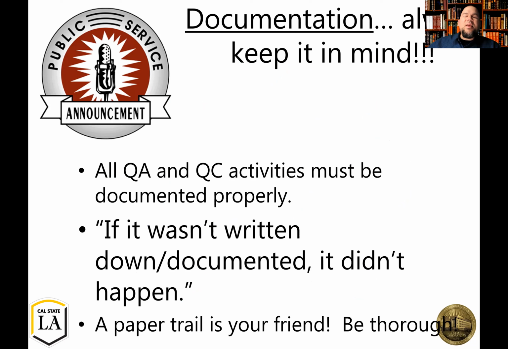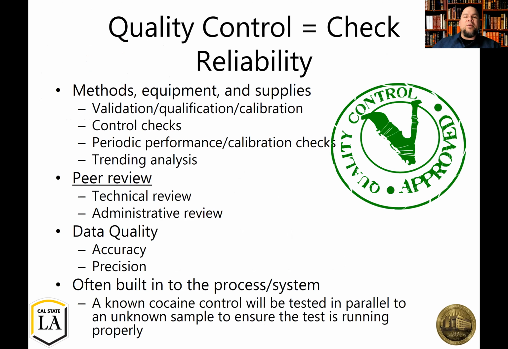So basically, the joke there is just that everything needs to be properly documented, and so paper trail can be your friend. So be really thorough and make sure you have that paper trail, just in case anything does happen where you need to go back and check to see where these things were done.